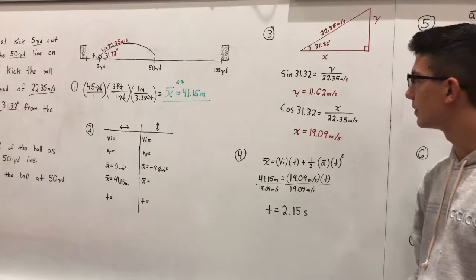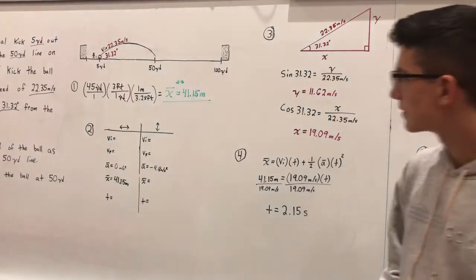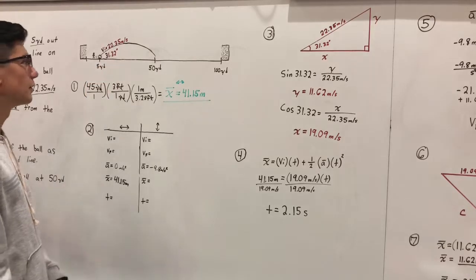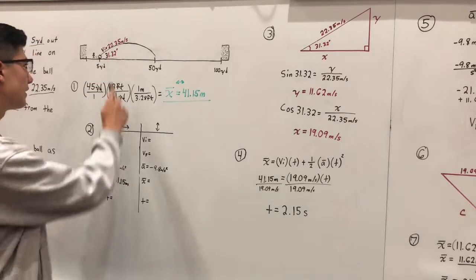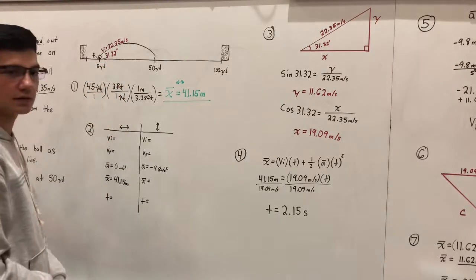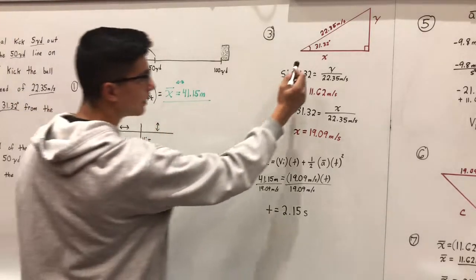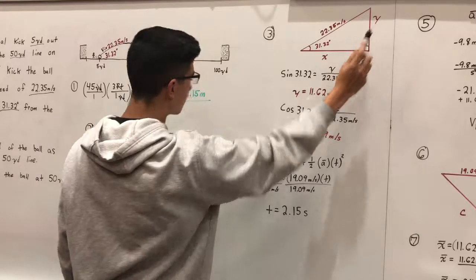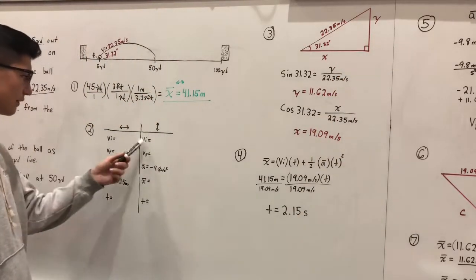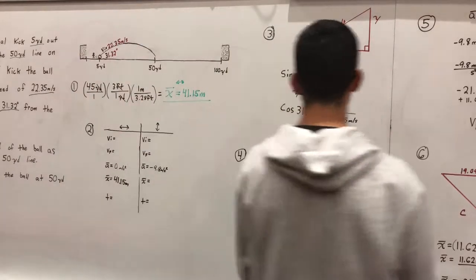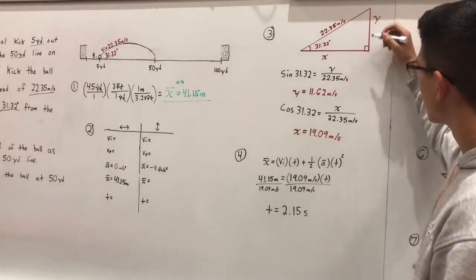So the next step we'll be able to do is, since we have this initial velocity of 22.35 meters a second and this angle of 31.32 degrees, we can make that into a triangle and find the horizontal and vertical velocities, both initial. To do that, I'll just set up a triangle like this.